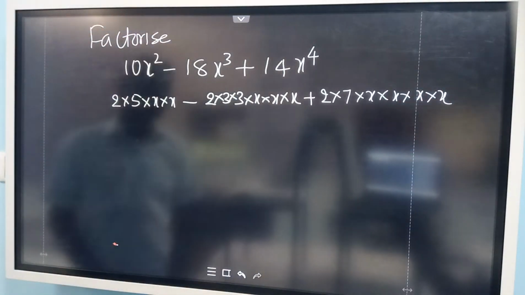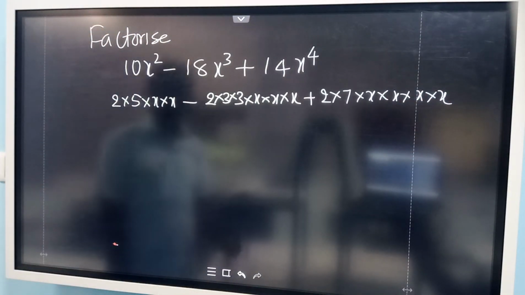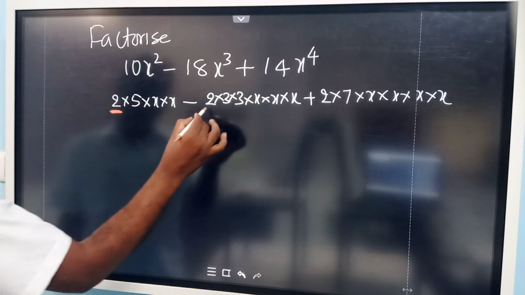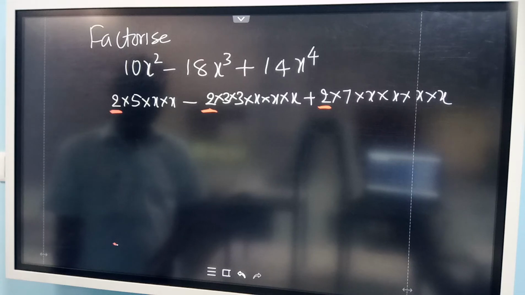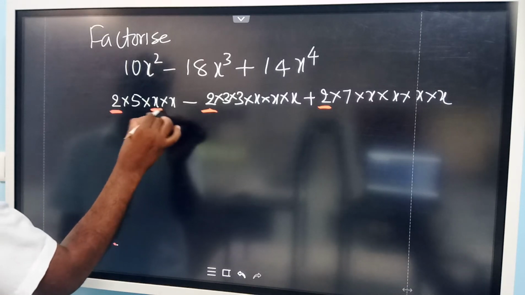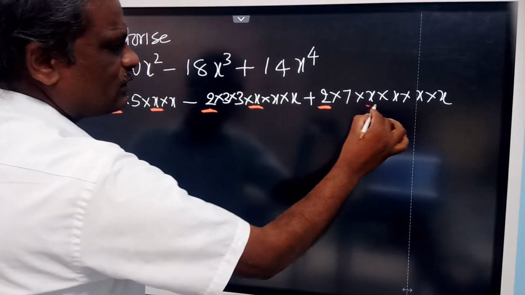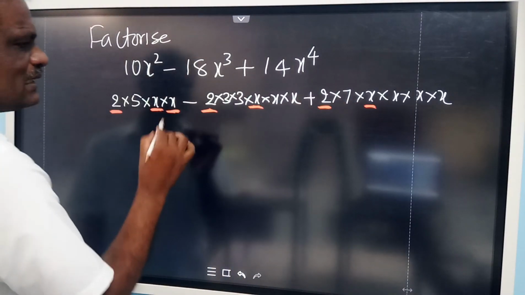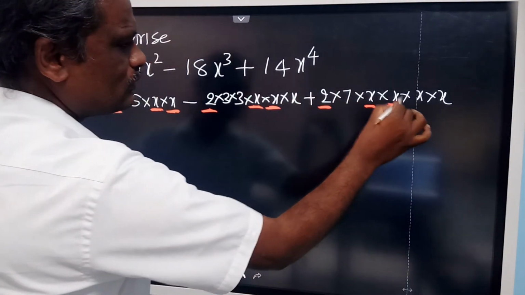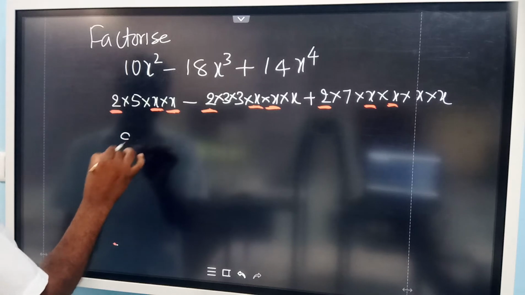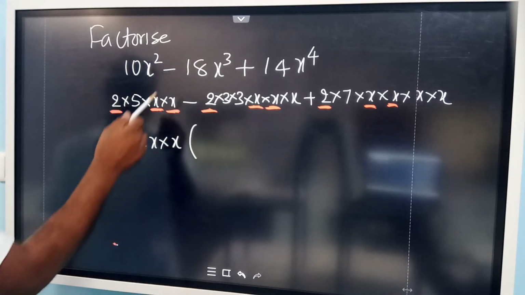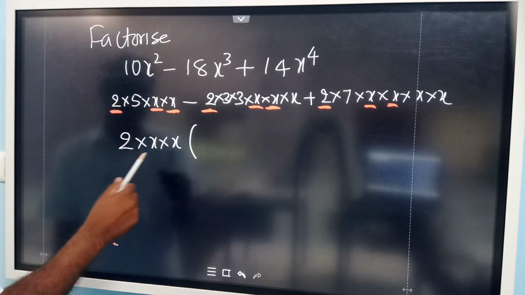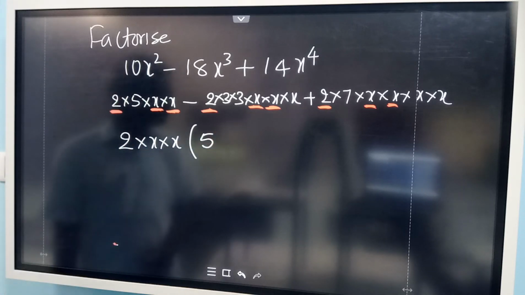Now identify the common factors. So I am going to mark 2, 2, 2. Everywhere you will find 2. Then x, one time here you are finding x, again one more x. So here you can write common 2 into x. Once you take 2 into x common, what is left in the first term? 5.